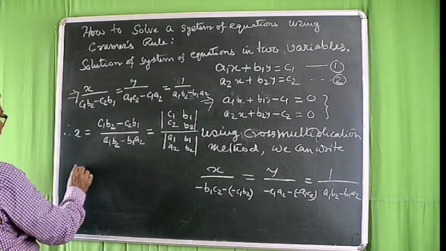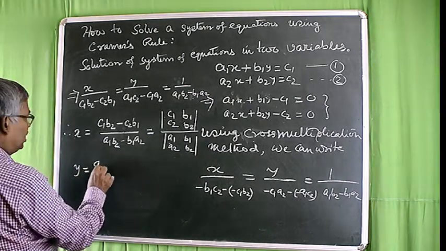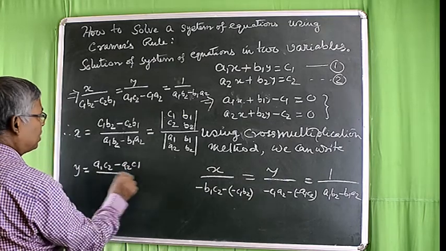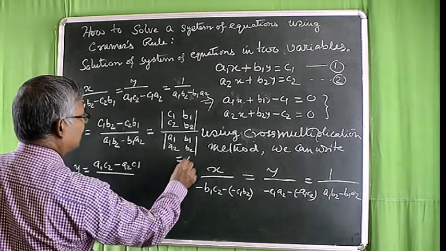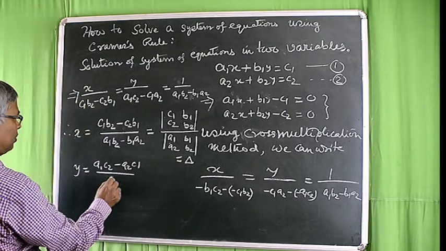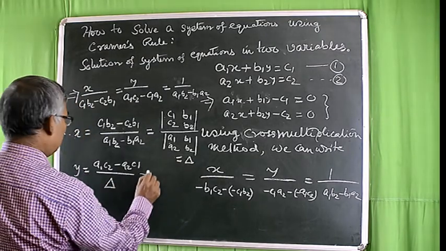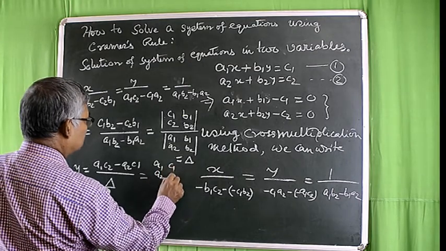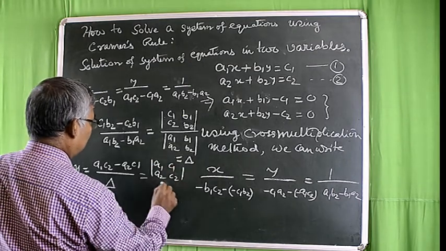Similarly, we can write y equal to a1 c2 minus a2 c1 by del, that is the determinant a1 a2 c1 c2 by del.